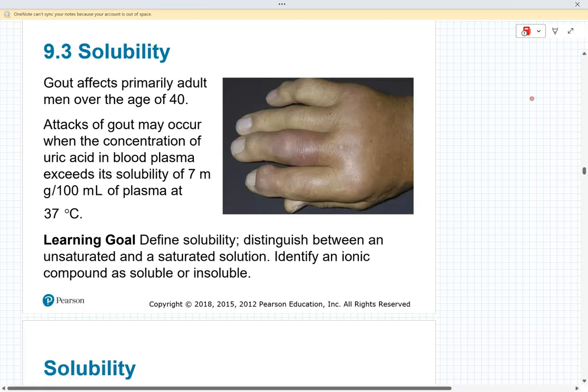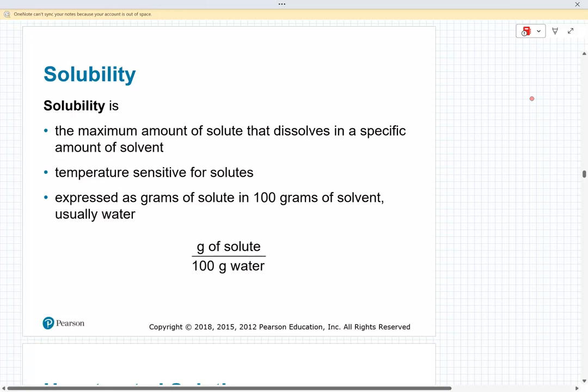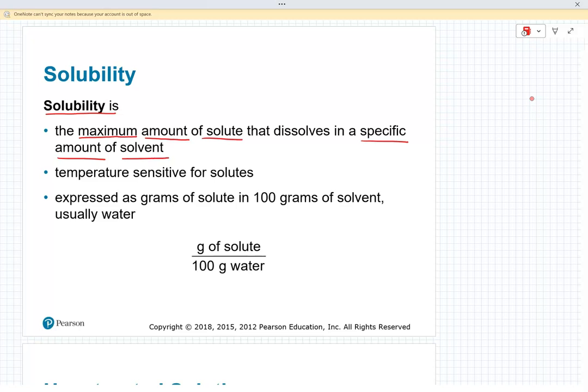So pretty much we're going to be answering Zach's question about the solubility rules. So solubility in quantitative terms, it's the maximum amount of solute that dissolves, as you can imagine, in a certain volume. So this parameter depends on the temperature.